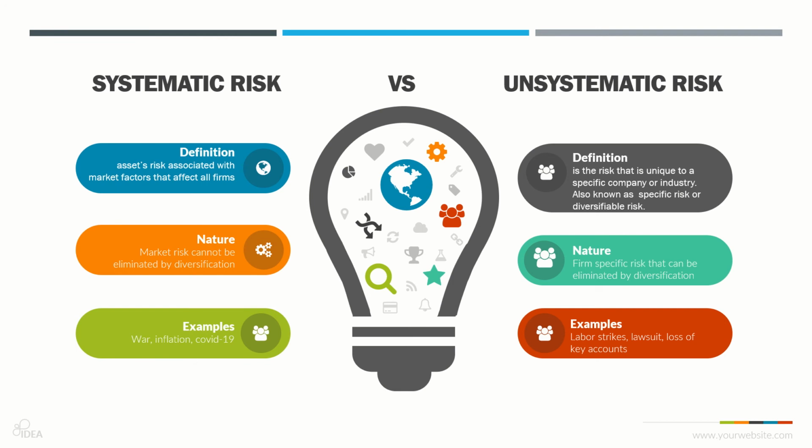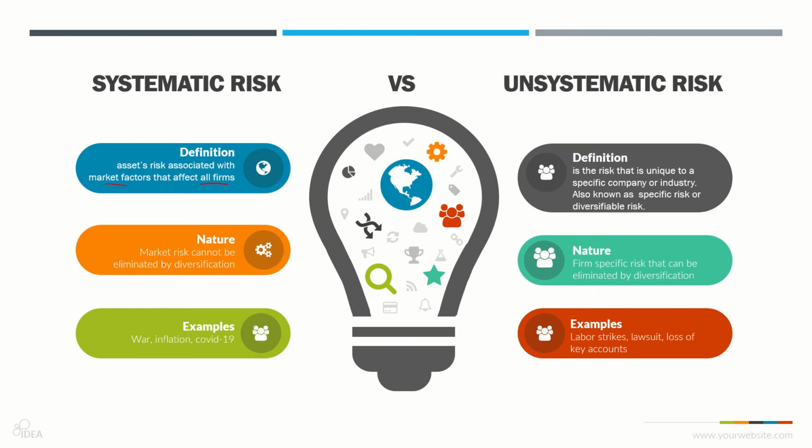Systematic risk ni apa? Asset risk associated with market factors that affect all firms. Market factors, faktor-faktor pasaran. Maksudnya faktor pasaran yang dia berlaku dan dia affect semua industri, semua syarikat.